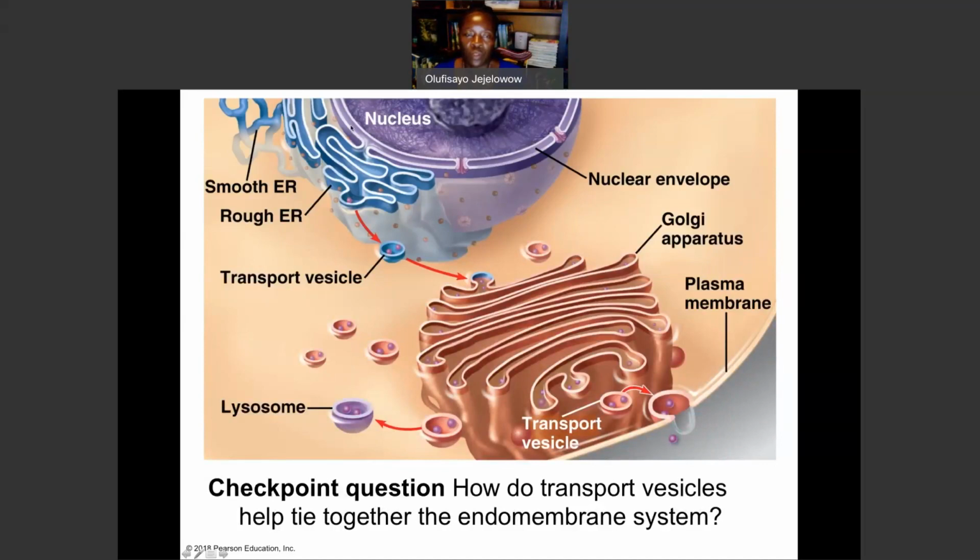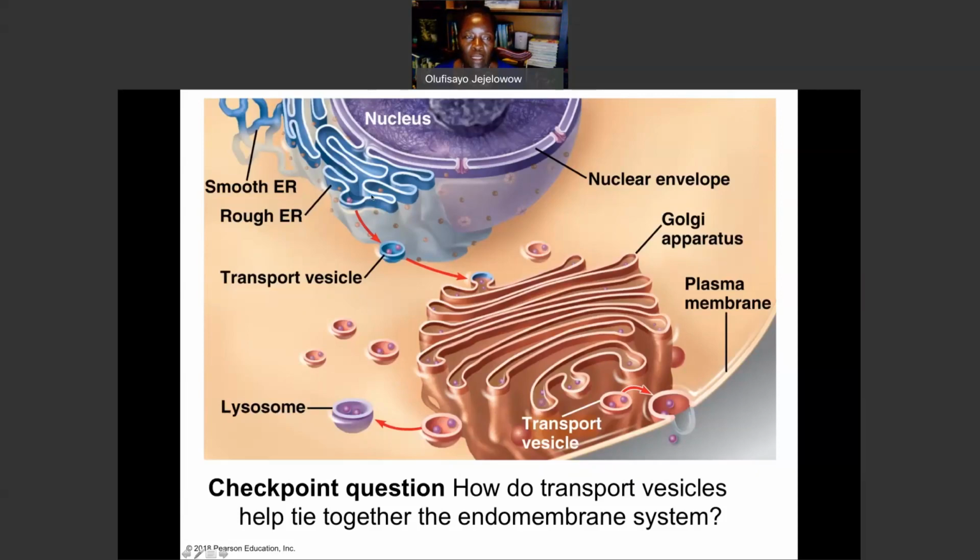The membrane of the nucleus is continuous with the ER. The endoplasmic reticulum can be smooth or rough. The smooth ER is involved in synthesis and processing of lipids. The rough ER is involved in protein synthesis, processing, and biological membrane synthesis.